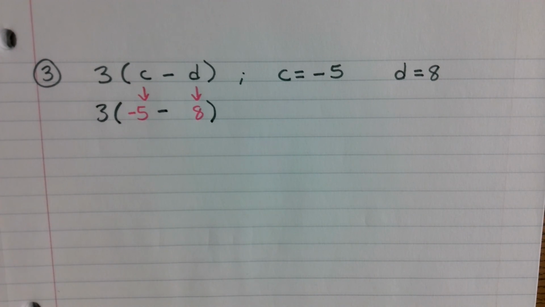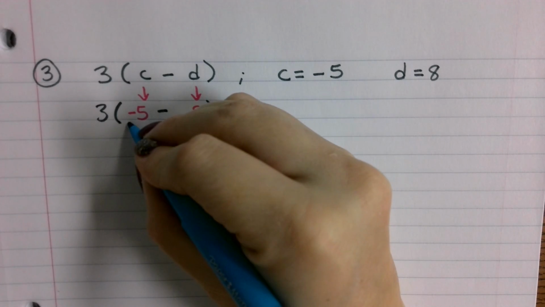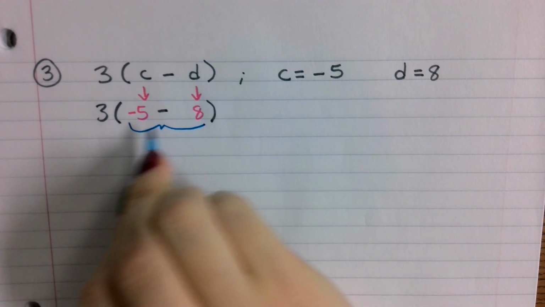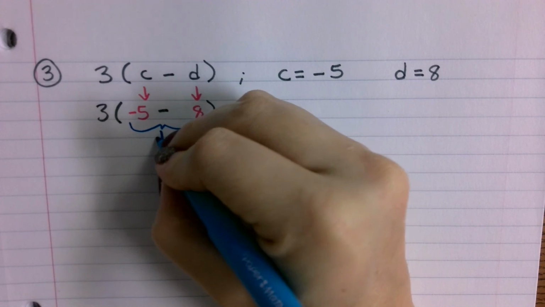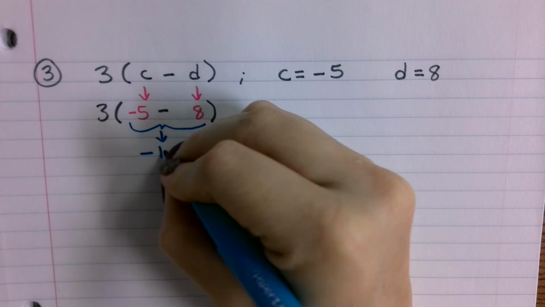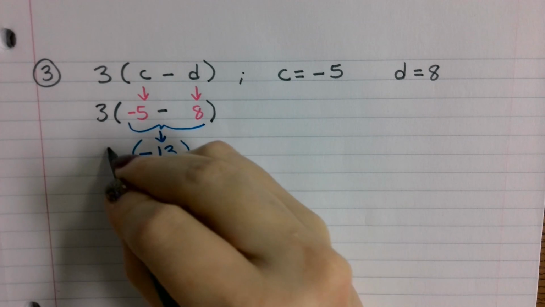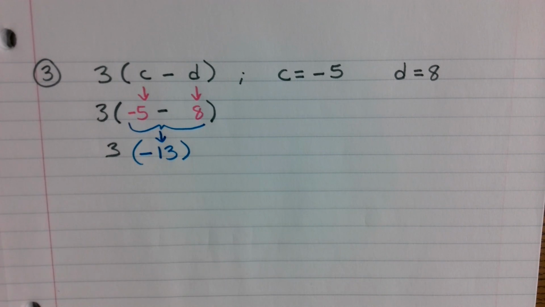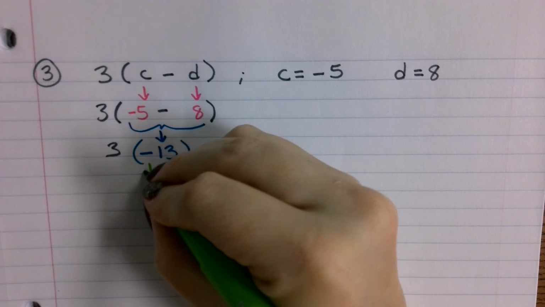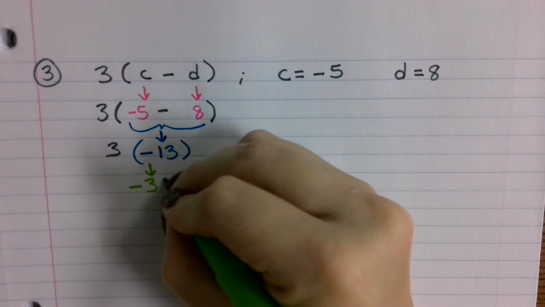I need to do parentheses. So -5 minus the 8 is going to come out to being -13. So now we've got the problem 3 times -13. We'll multiply, and that comes out to -39.